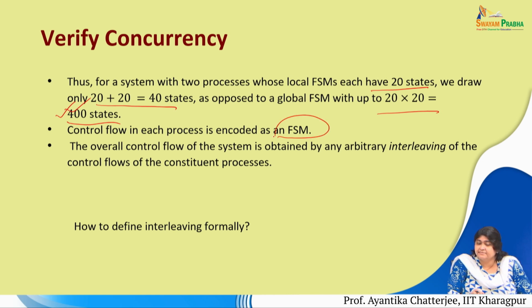We can take them as separate FSMs and check the combining effect, whether the communication and everything is going fine, to ensure that the whole global scenario is working fine.